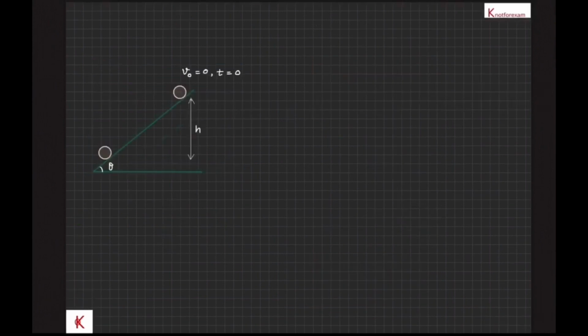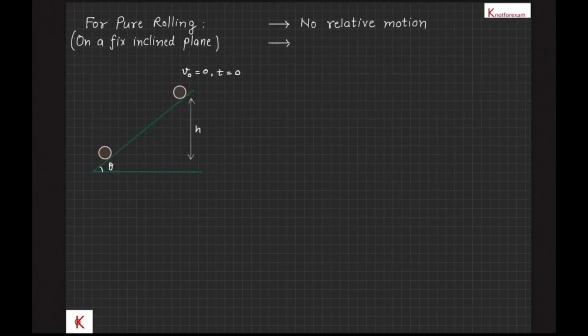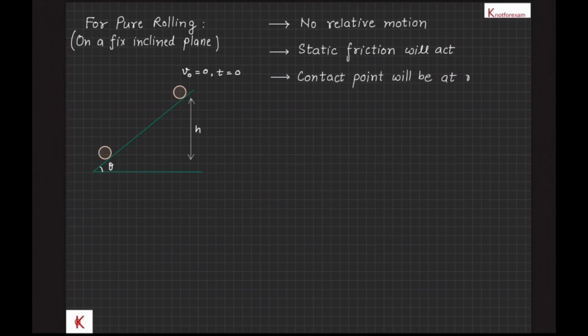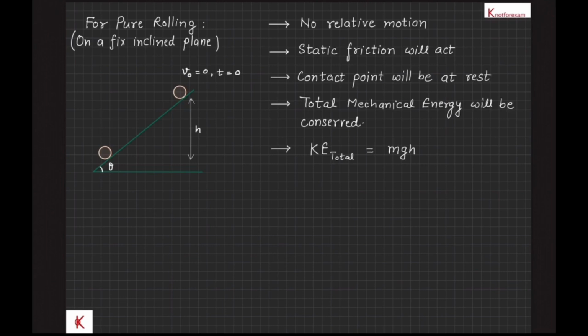If we sum up the above discussion, then we can understand that for pure rolling on a fixed inclined plane, contact point will be at rest with respect to surface, that is there will be no relative motion of contact points. Therefore, static friction will act, and static friction does no work, therefore mechanical energy will be conserved, and total kinetic energy gained on falling down height h will be equal to mgh.